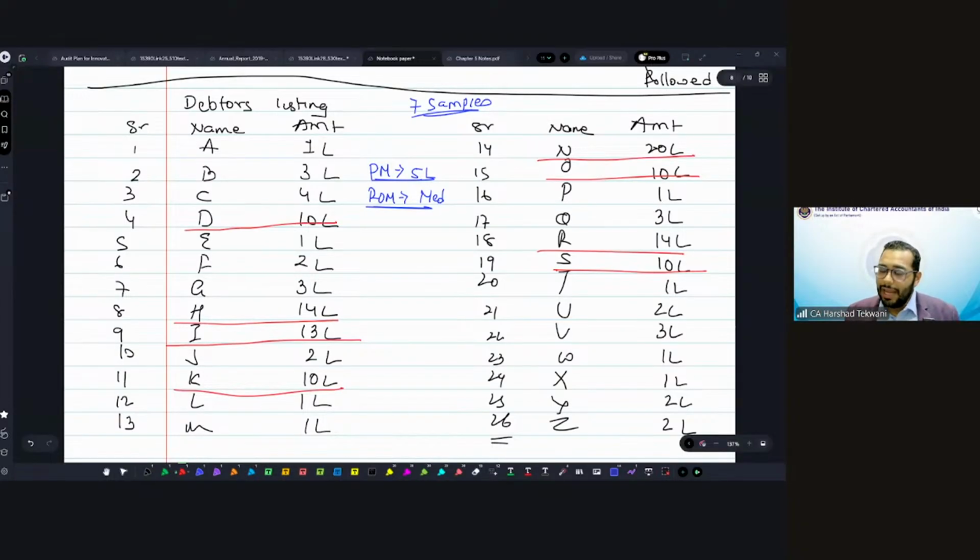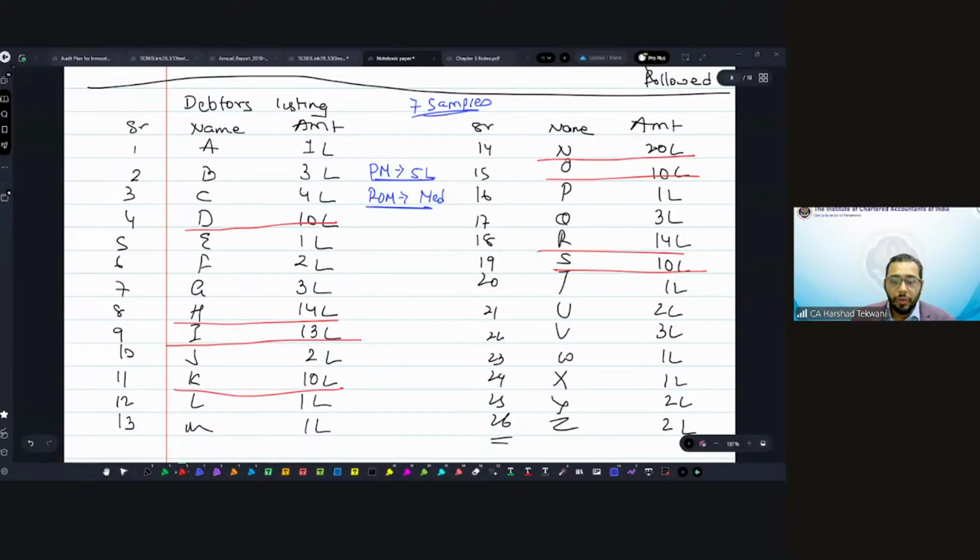When I talk about this type of sampling, you use either probability theory to get the sample results, like applying weightage, or you use a random selection. If neither of these is present, then it will not be called statistical sampling. It will be called non-statistical sampling.